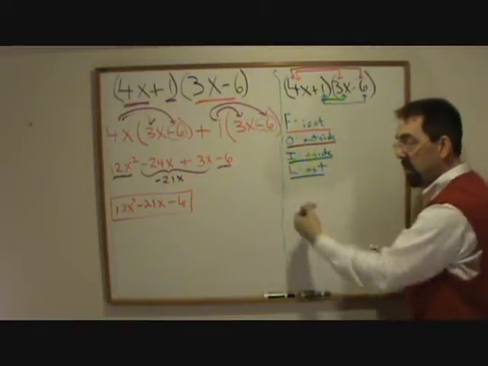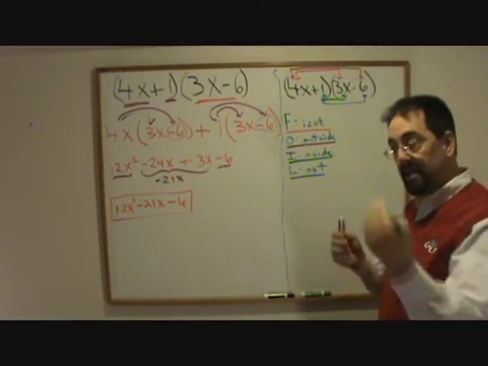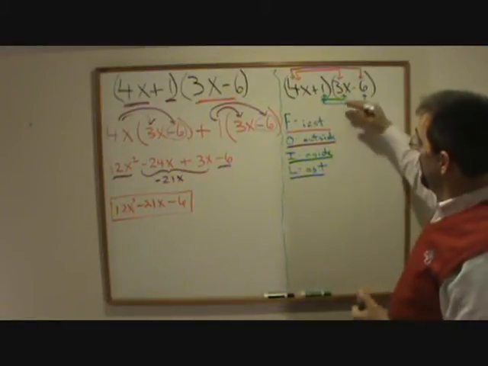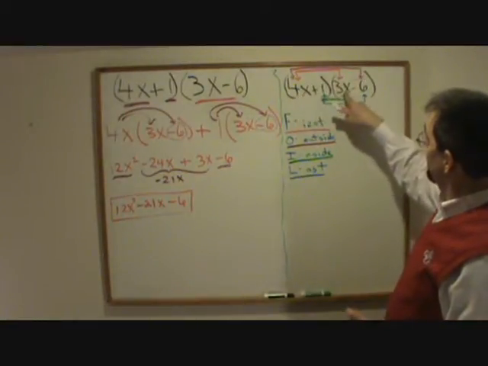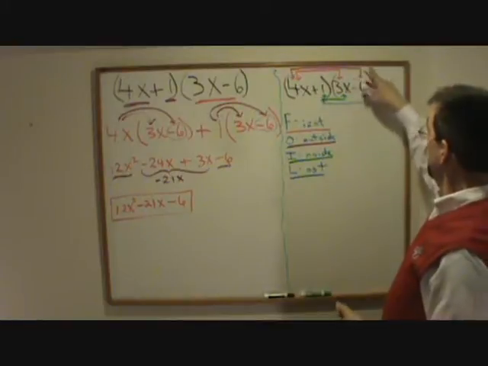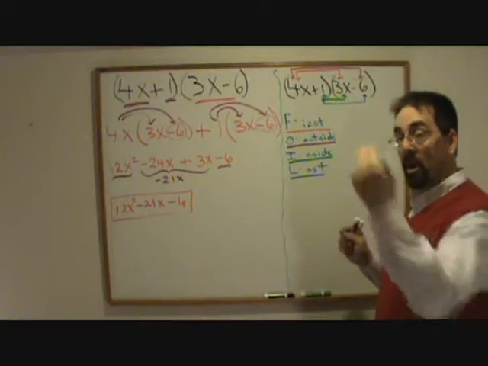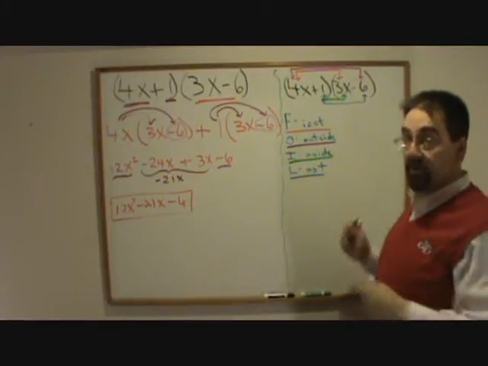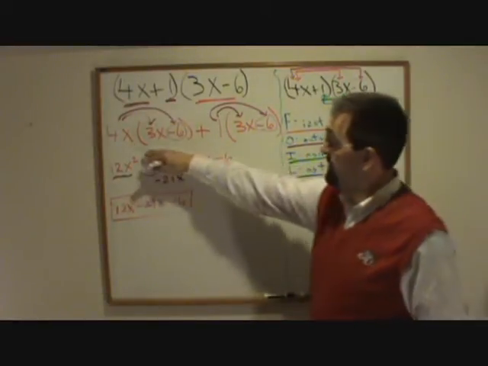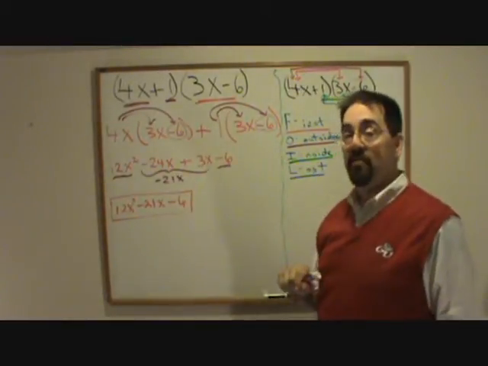So, FOIL is just a way to help us remember first, outside, inside, and last. We want to multiply all the different terms by all the other different terms. We did the same thing here, just in a different order.